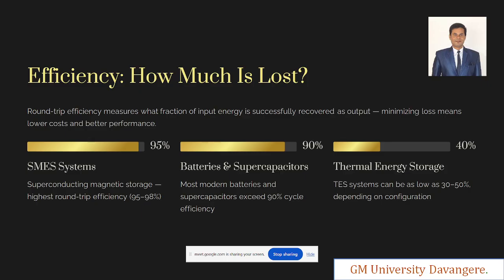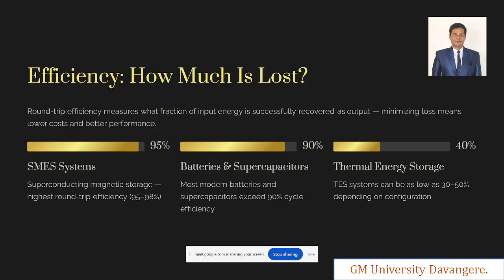Next we'll talk about the efficiency, right. Efficiency, in general, is nothing but how much loss is being considered. For example, usually we talk about the efficiency considering two things, one is the input and the other is the output, right. So output by input gives your efficiency, and when you multiply with 100 it gives the efficiency percentage.